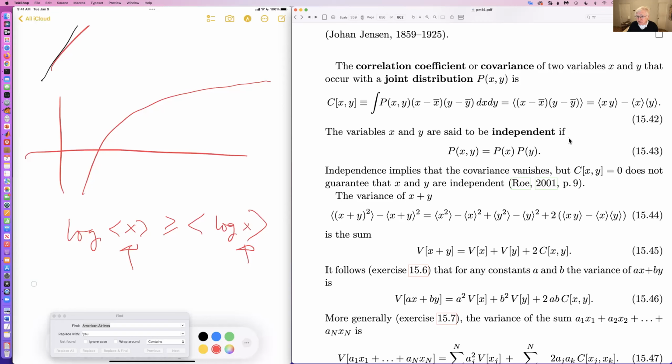And the variables are said to be independent if P of xy is P of x times P of y. And if that's the case, then the covariance vanishes.